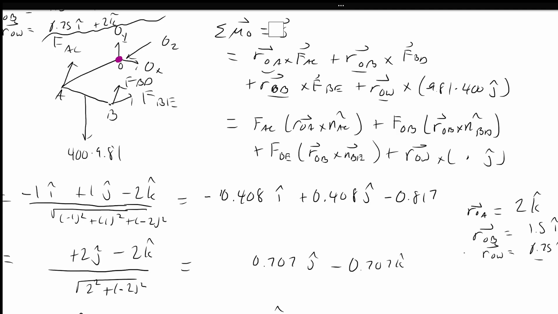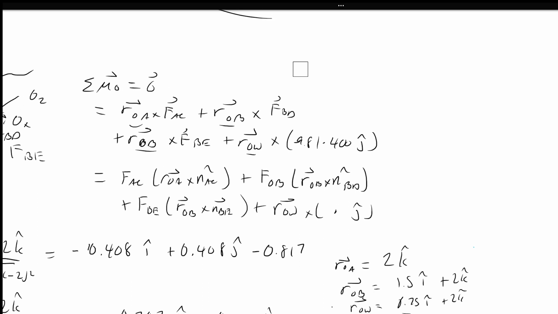Okay, so we have 4 terms. If we're doing it the determinant way, which I'm doing if you didn't watch the earliest video, because people in class told me they liked it that way more. So the sum of moments around O is equal to 0. It's also equal to I hat, J hat, K hat. So we want ROA, which is 0, 0, 2.